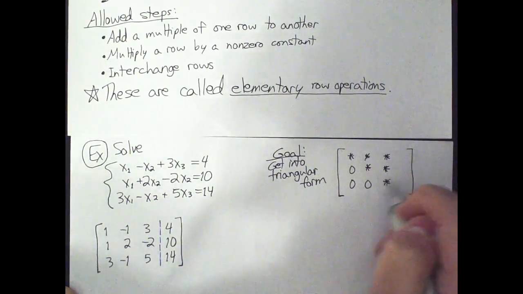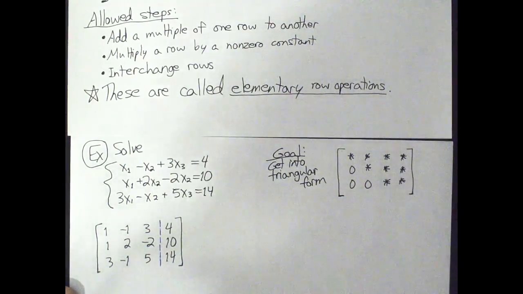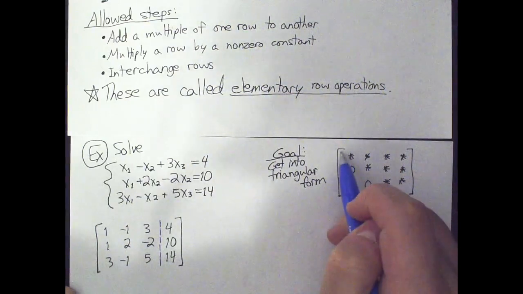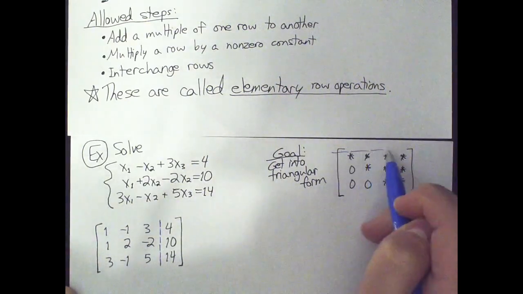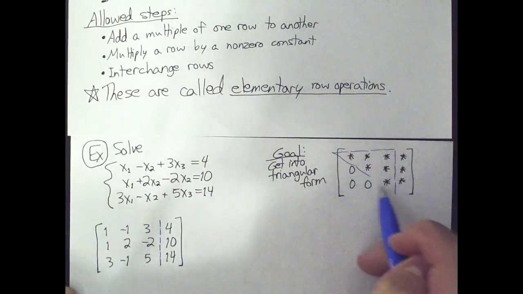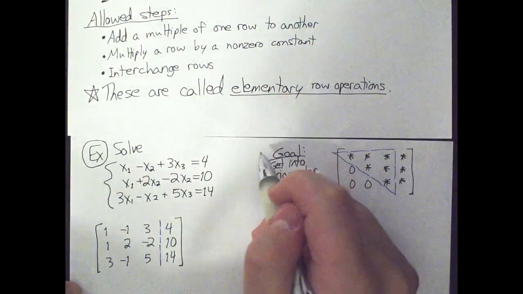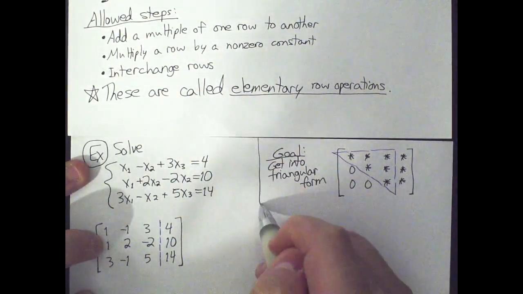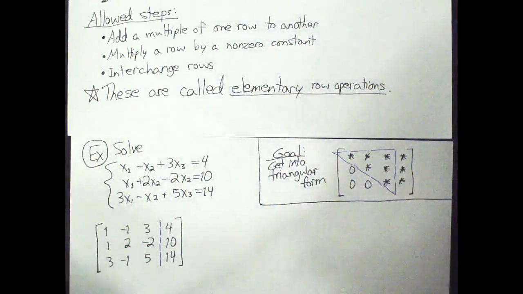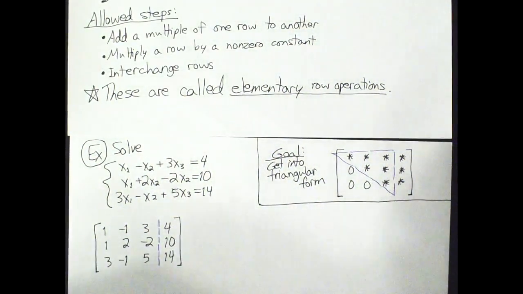If we can get it into this form, that would be considered triangular because we would get this sort of thing going on. Either think of it as a triangle or like a staircase. I'm going to put that as a little side note. So I want to get those lower left terms to be zeros.